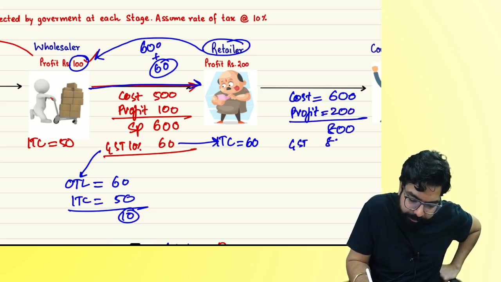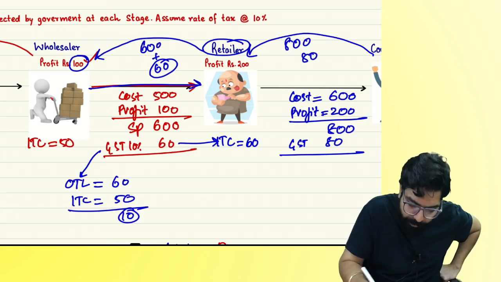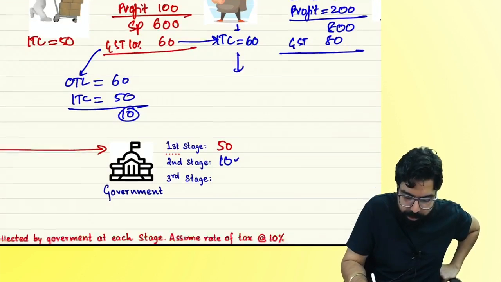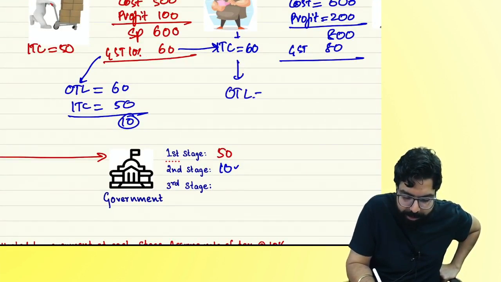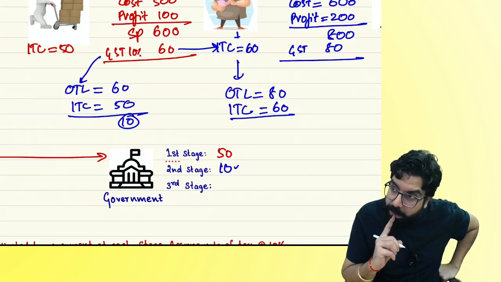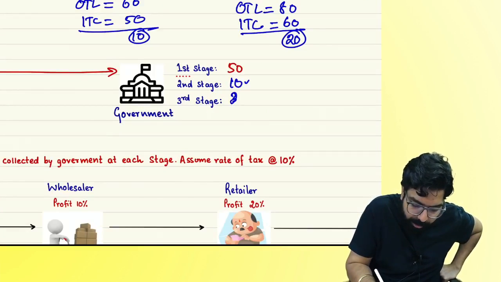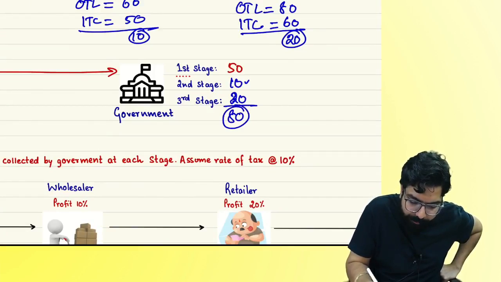GST 80. The consumer paid 800 plus. What will he do? Output tax liability is how much? 80. Input tax credit is how much? 60. Ultimately, he will pay to the government how much? Third stage government got. Total government got.